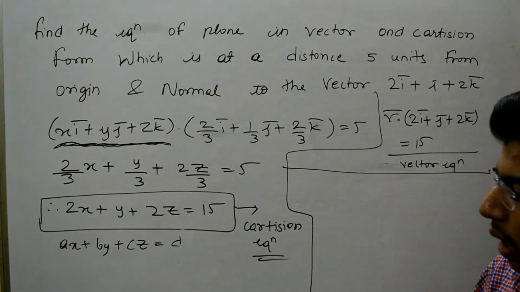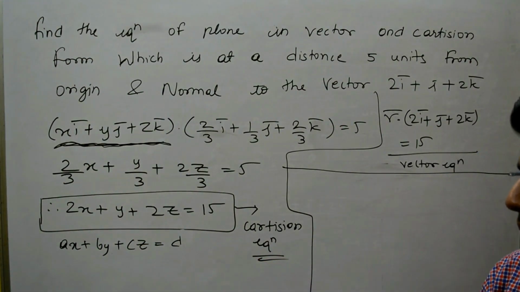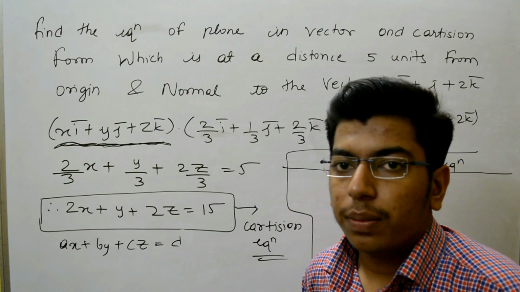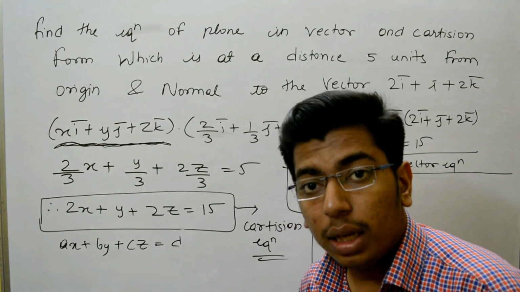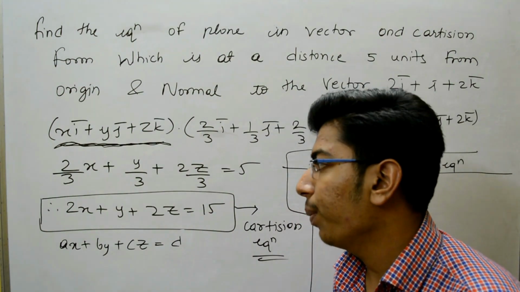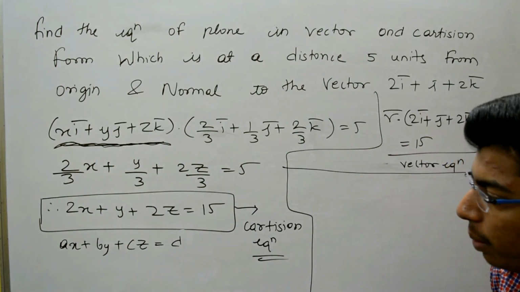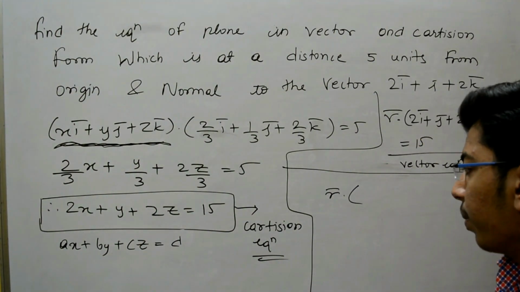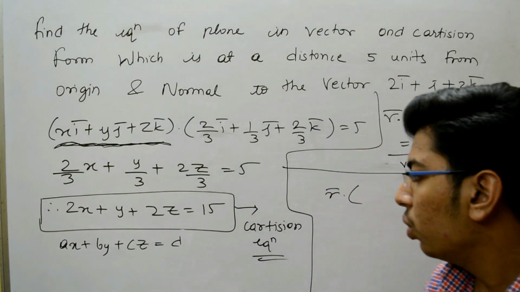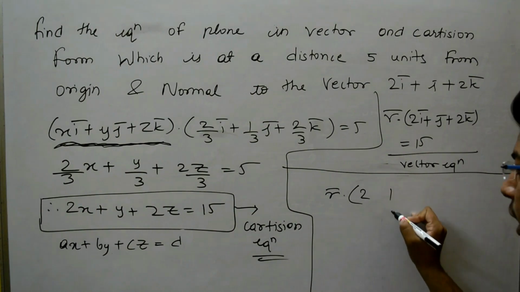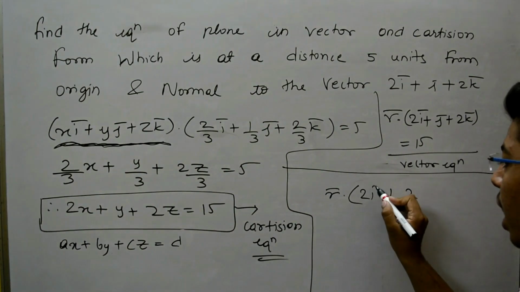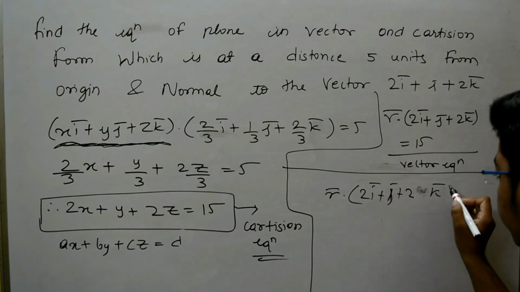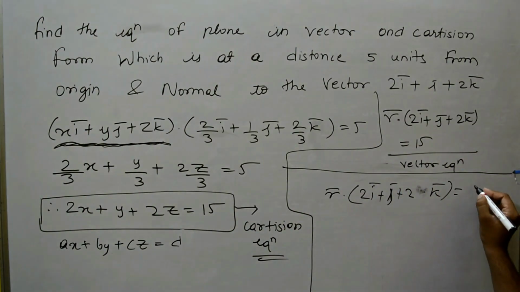Our normal equation, if a, b, c are the direction ratios, then it will become r bar into the direction ratios 2, 1, 2 with i plus j plus k, is equal to d, that is 15.